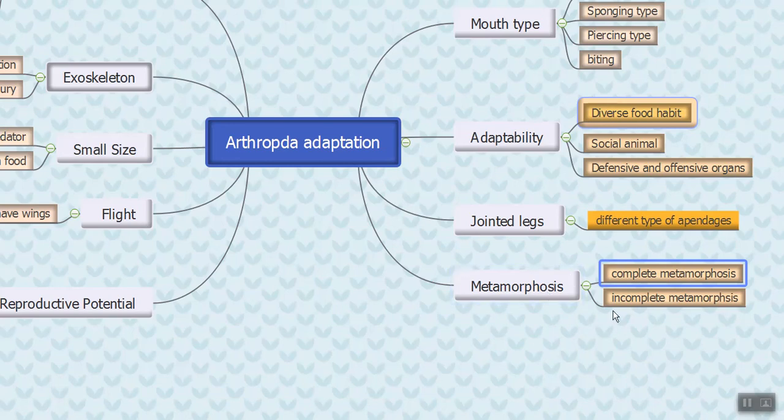As you know, metamorphosis is the change from the smaller larval form to the adult form. There are two types: complete metamorphosis and incomplete metamorphosis.